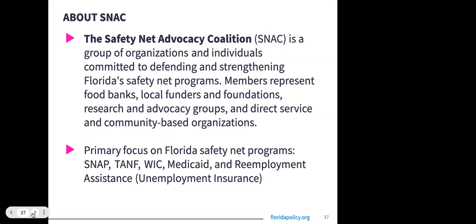And one last thing, even though today we have focused on DCF's form for calculating benefits, remember that Florida Policy Institute also has a scaled-down SNAP calculator on our website for determining possible eligibility and SNAP allotment amounts. I recommend that you look at both tools when you're figuring out eligibility.